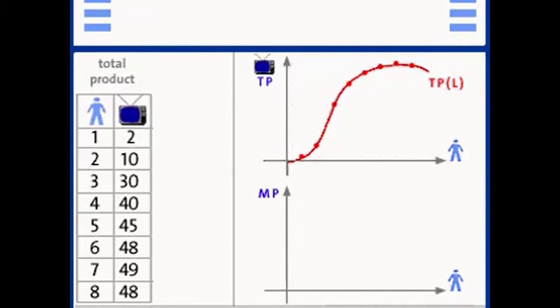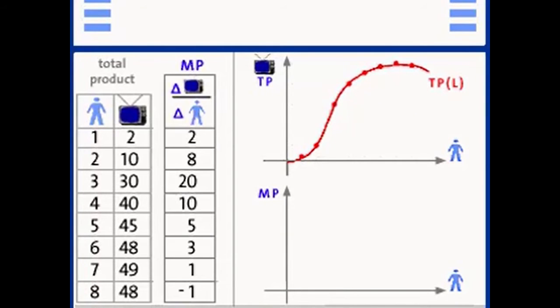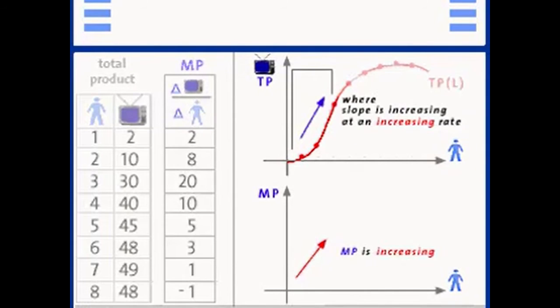What I'm going to see is that when the curve is convex, that is, when the curve is increasing at an increasing rate, the marginal product will be increasing. That is, the slope is getting steeper, the marginal product is going to be increasing. When the slope is decreasing, that is, when the curve is concave, when total product is increasing at a decreasing rate, then the marginal product will be decreasing.